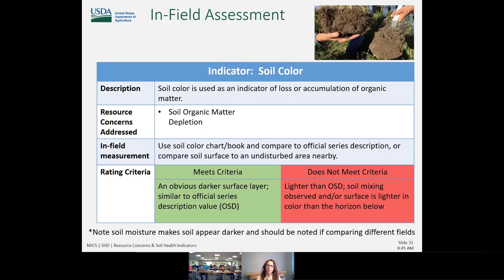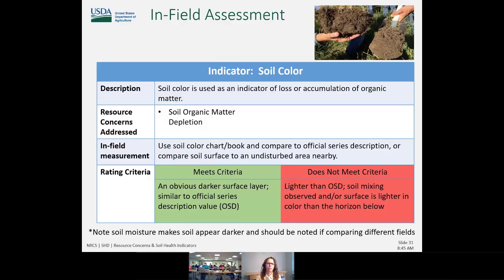Soil color can be used as an indicator, and it's pretty well associated with soil organic matter and the resource concern. So you can assess in-field soil color using a color book and comparing to the official series description, or you can also take under managed soil, compare to an undisturbed area nearby that might be in the same series.